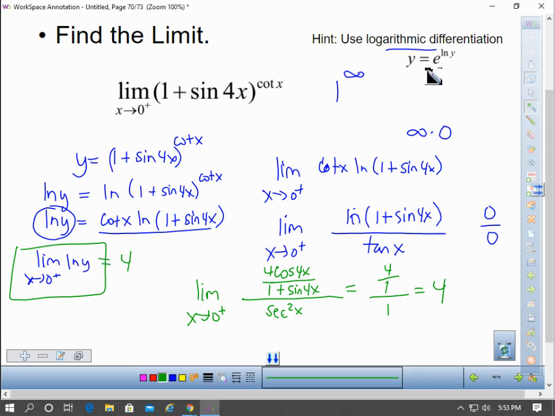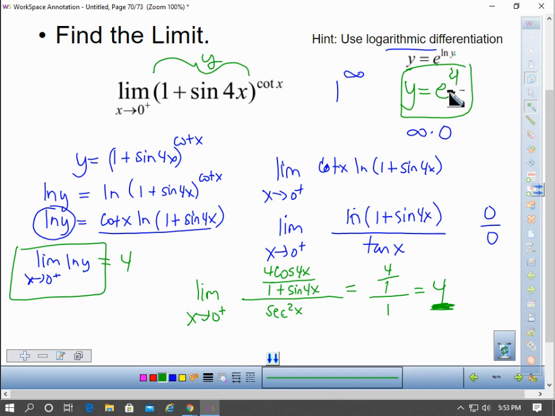So now to get the actual answer to the problem, which we said y is this expression, we have to do e raised to the ln of y. This is the limit of ln of y, so this is our answer for ln of y. Okay? So the answer to the problem then, y is equal to e to the 4. So our answer to the problem is e to the 4.